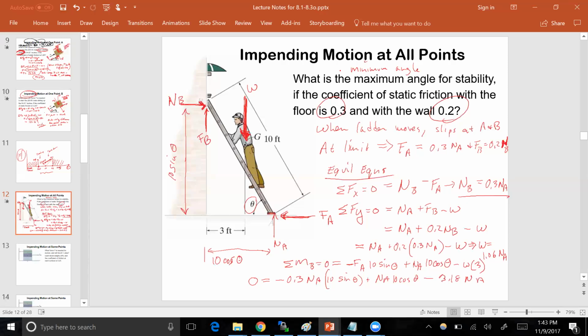So then we have this, it's not an easy equation to solve. I think it's called a transcendental equation. But if you cancel out all the NAs, which you can by dividing by NA, you're going to get that 10 cosine of theta minus 3 sine of theta equals 3.18.